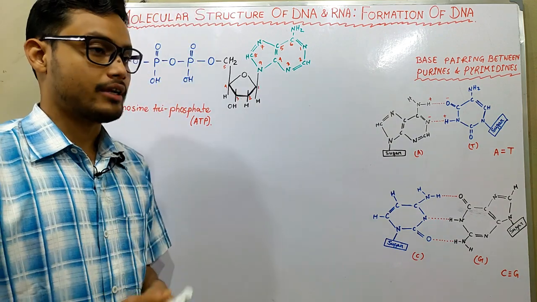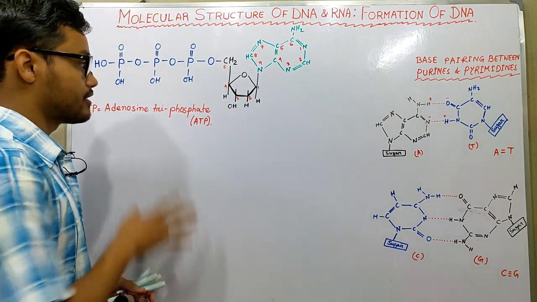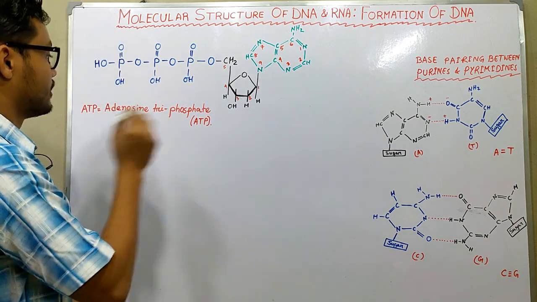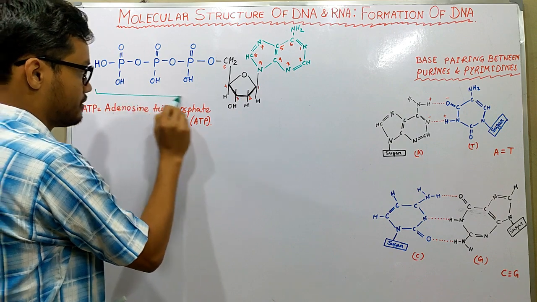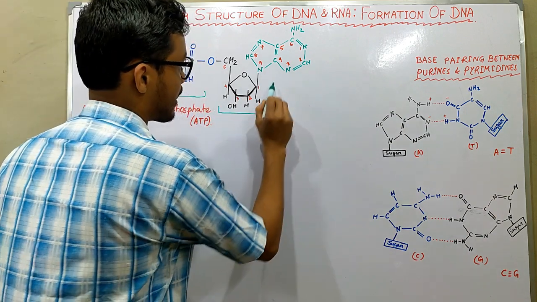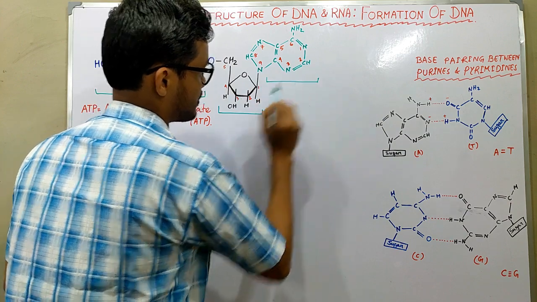So first thing, here is a structure of nucleotide triphosphate. Here is the triphosphate. Next thing is the sugar, pentose sugar, and there is a nitrogenous base.